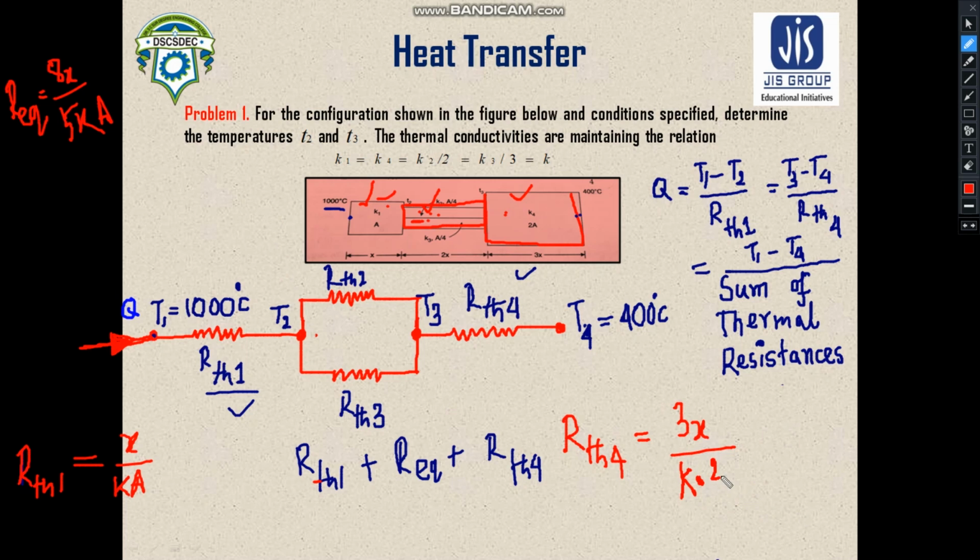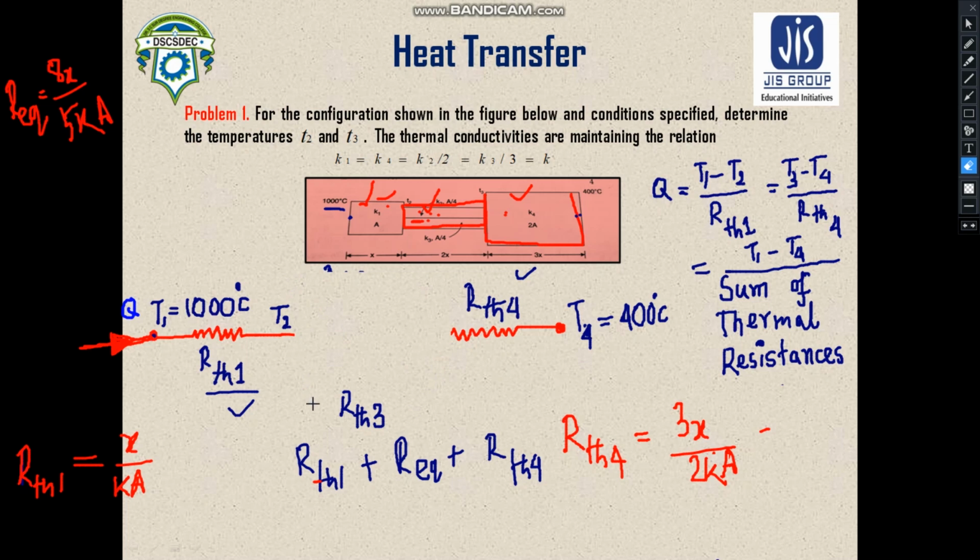The area is 2A. So it will be 3x by 2Ka. So you have now found out all the three required thermal resistances. That means now you can remove this circuit.